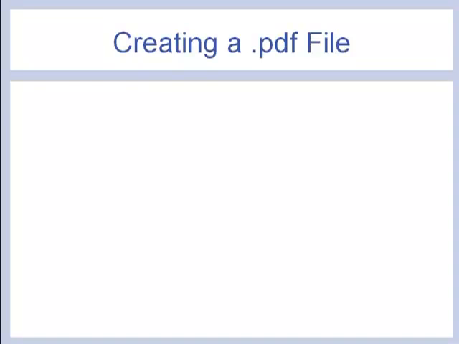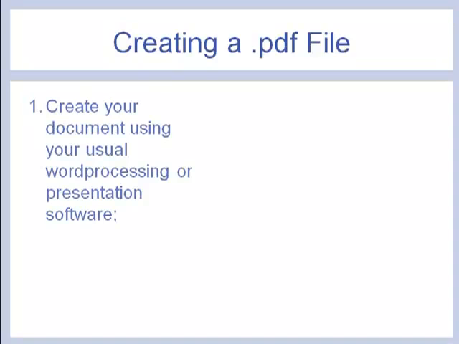So how do we go about creating a PDF file? Well, most word processing programs and presentation software offer the option of saving documents in PDF format. What you do is, first, you create your document using your usual word processing or presentation software, typically Microsoft Word or Microsoft PowerPoint would be the two popular ones.